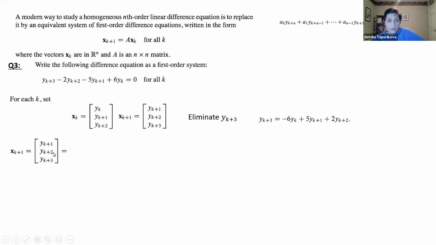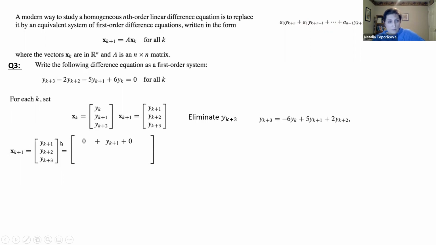Since we have now three components, yk, y k plus 1, and y k plus 2, we'll write it down as the sum of three vectors. One at the position yk, another at k plus 1, and finally the third at the k plus 2 position.